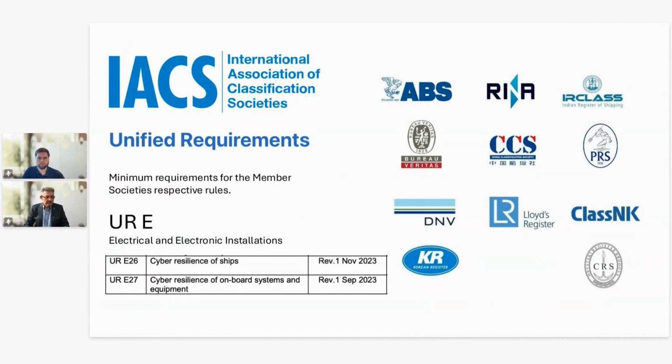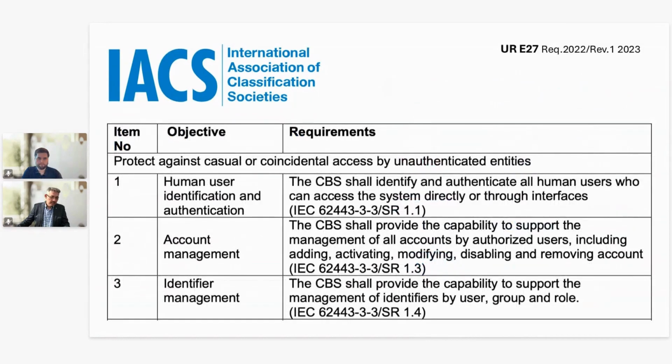And lately we have these unified requirements E26 and E27, which we all have heard about. Let me see here, they happen to also mention these credentials. Human user identification and authentication: you should be able to authenticate human users. Now this is for new builds, so you don't have to follow them on old vessels. And it's also more related to OT, or system-facing OT.